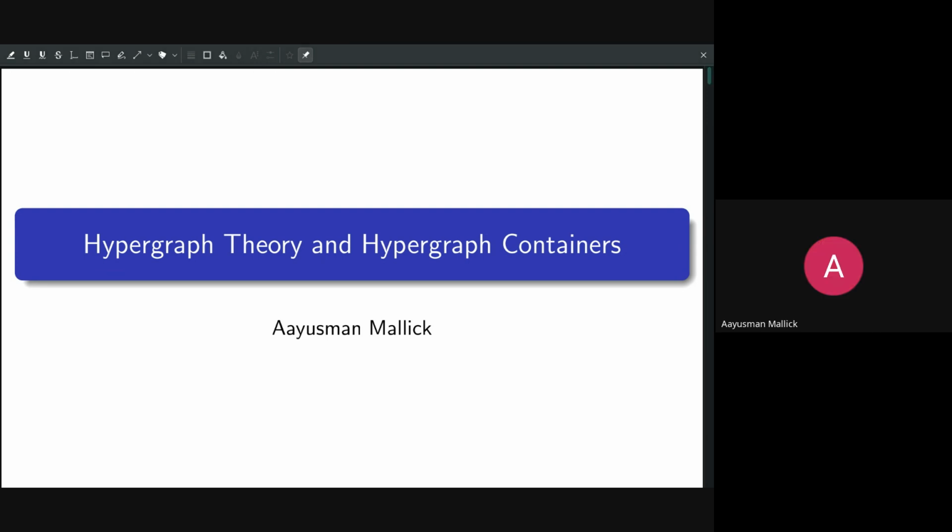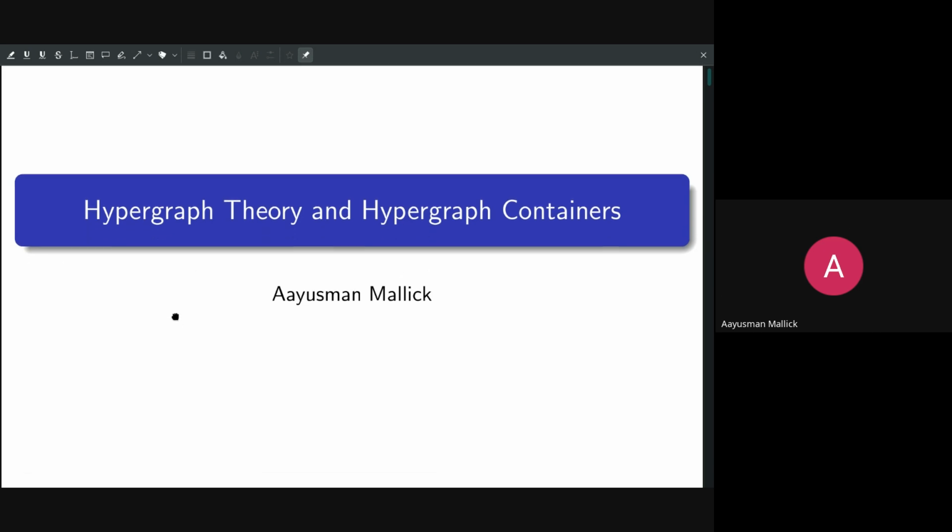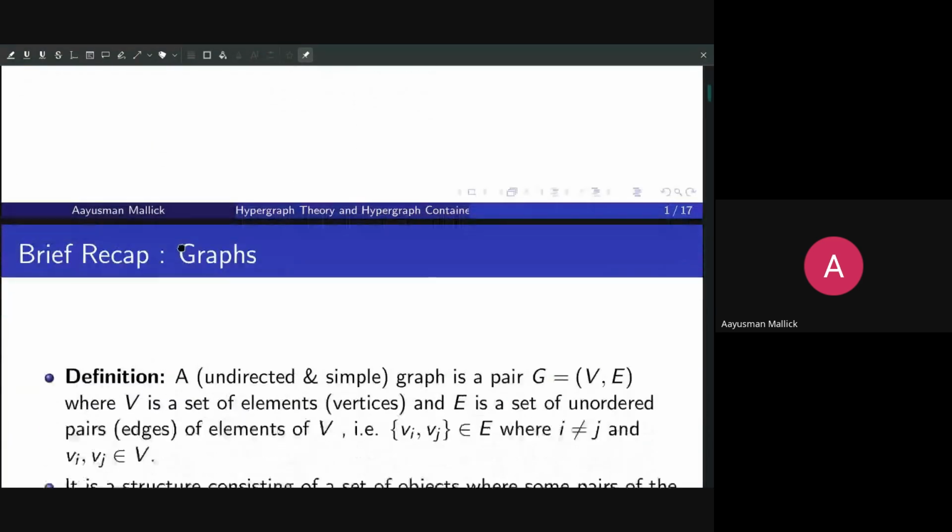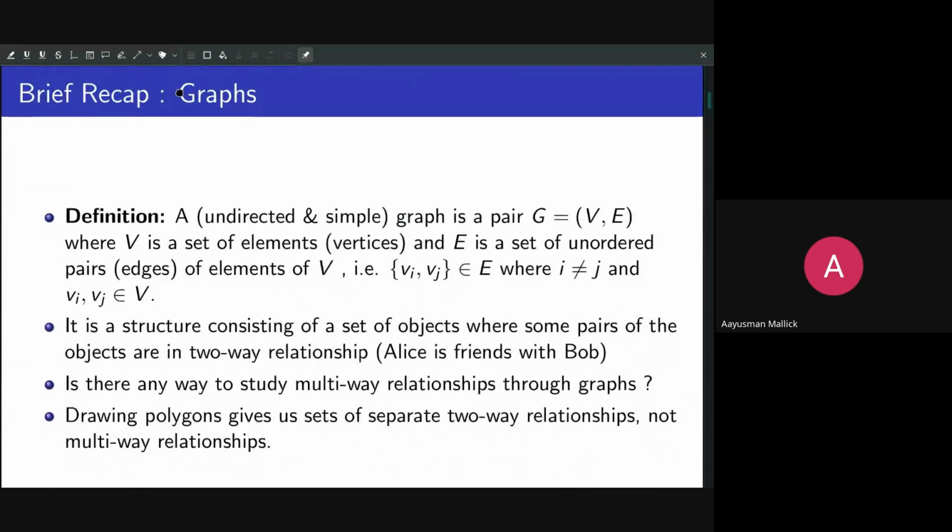So let me begin. Basically, the topic of today is hypergraph theory, and I will take you guys up to the introduction of hypergraph containers in an intuitive manner. The brief recap would be graphs. I don't know how many of you are familiar with the concepts of graph, but here it is.